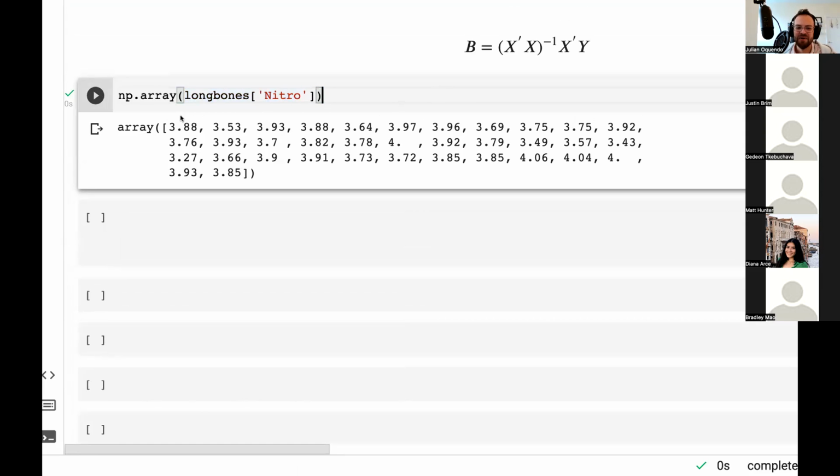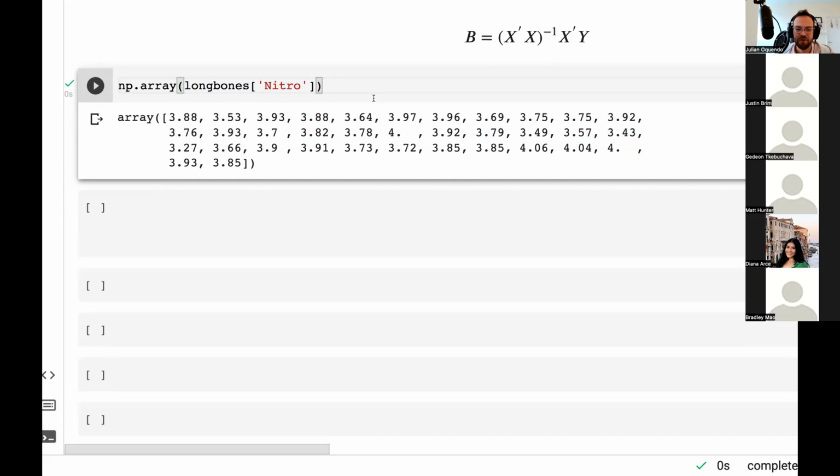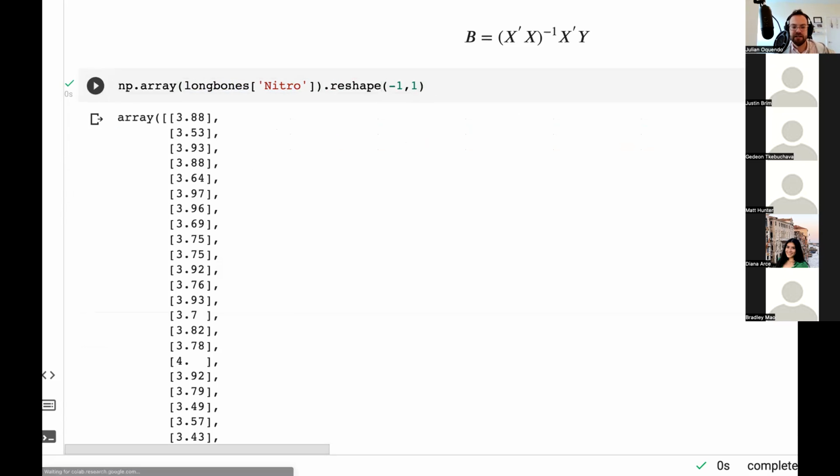Okay, so when you convert your values into an array, you've essentially removed the index value that would be typical from a pandas series. Another thing to understand is that you may need to reshape an array in order to build it into the structure you need as one part of your matrix.